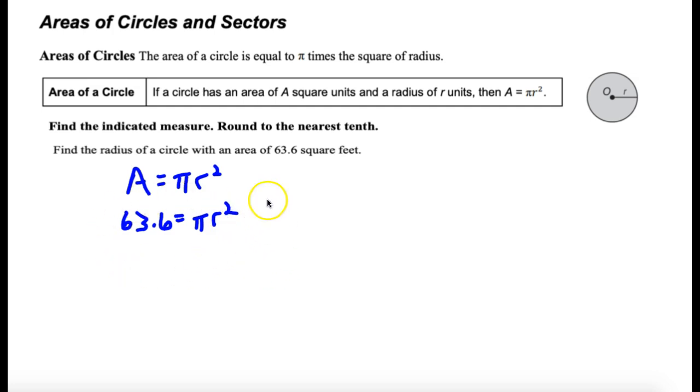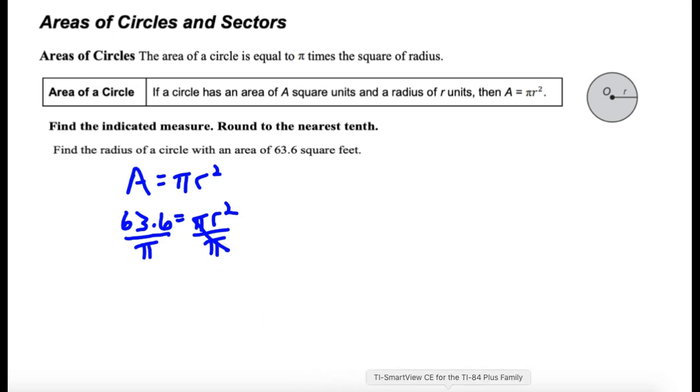Okay, so this is what my setup will look like. So now I want to solve this equation for r. So to do that, the first thing I'm going to do is divide both sides of the equation by pi. Pi is just a number, right? So I'm just going to divide both sides by pi.